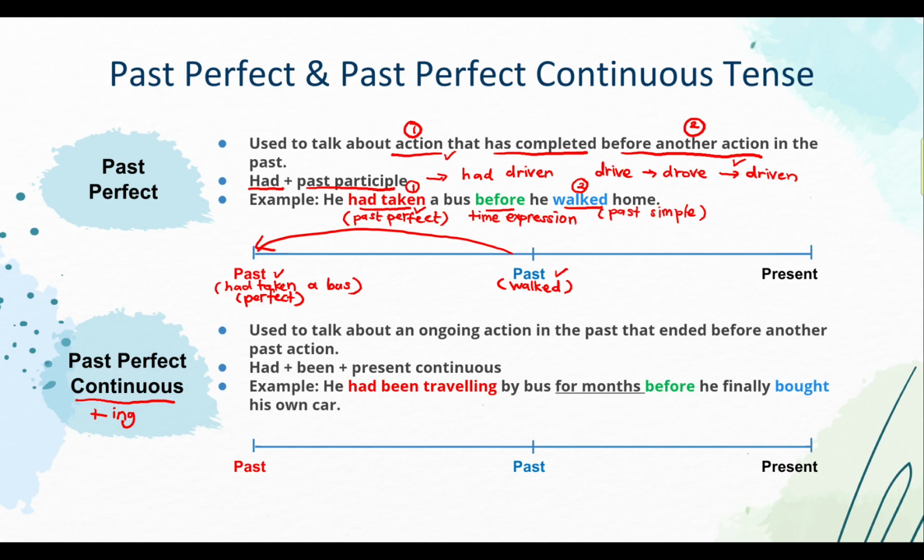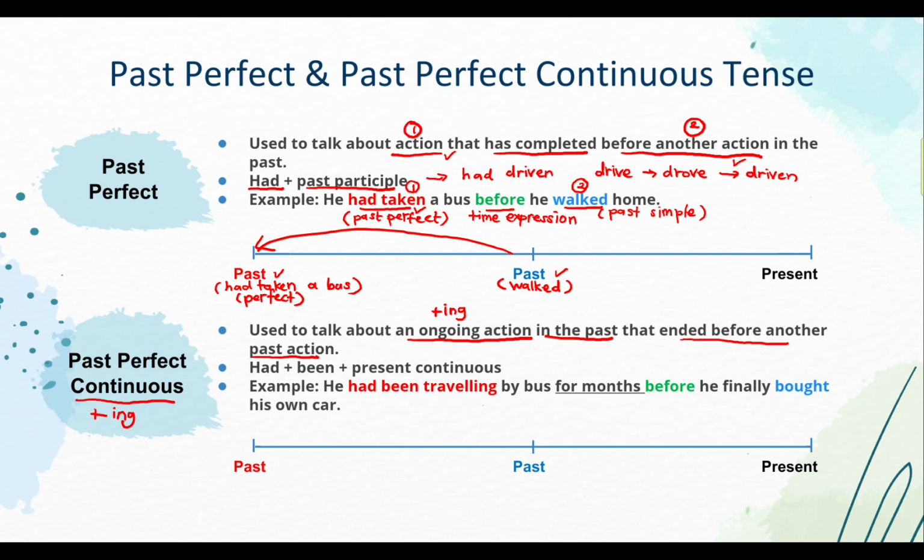Okay, so when do we use past perfect continuous? We use past perfect continuous to talk about an ongoing action in the past. Okay, perkara yang sedang berlaku pada masa lalu. So this one will have ing because it's ongoing, that ended before another past action. Okay, tapi dia sudah selesai sebelum satu action lagi pada masa lalu.